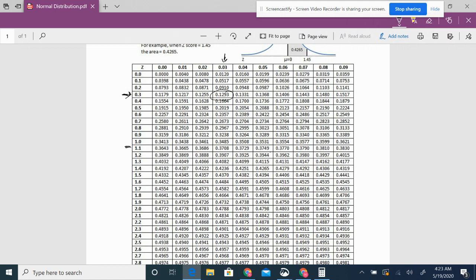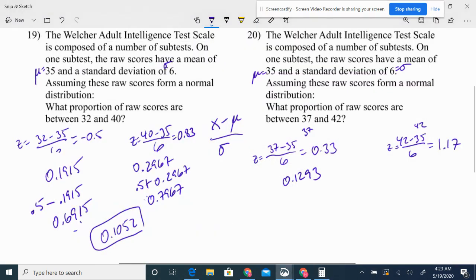So 1.1 is here because once again, this row gives me up to the first decimal place. My 7 is here. So 1.17 is 0.3790. Let me double check. Yeah, 0.3790.